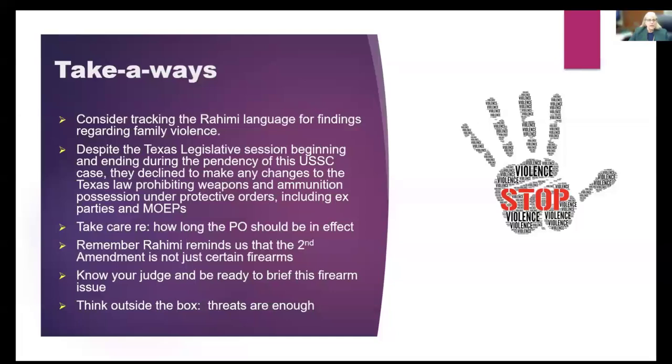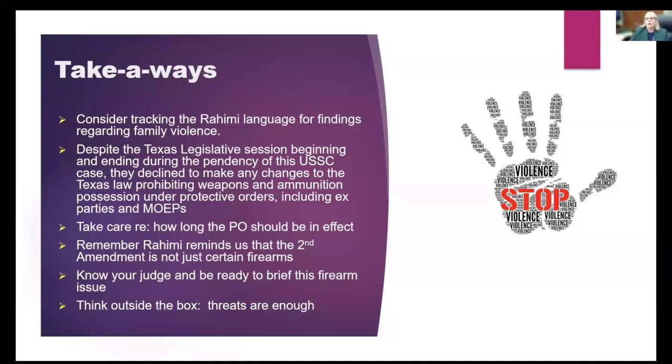So a couple other takeaways. Just think about how long the protective order should be in effect. What are you going to ask the judge to do? In this case that went before the Texas Supreme Court, I've read the appellate case and I heard the arguments.